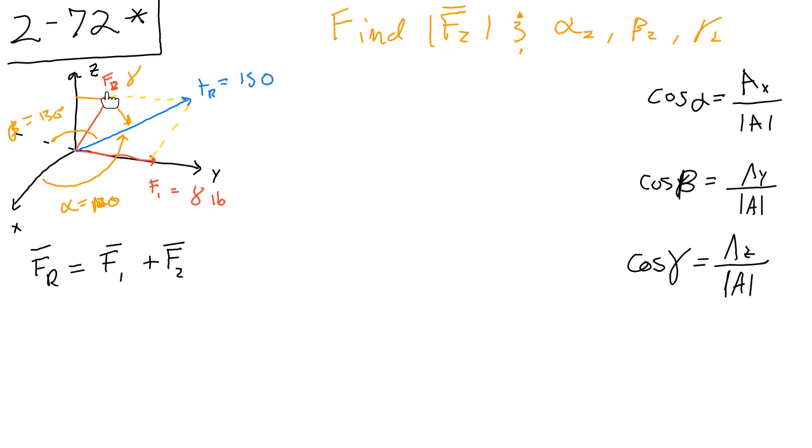Okay, so we should have a way to solve for F2. Let's put all this in, because we're going to have 3 equations. We have the magnitude of the resultant force, which is 150, times cosine alpha equals F1x plus F2x.